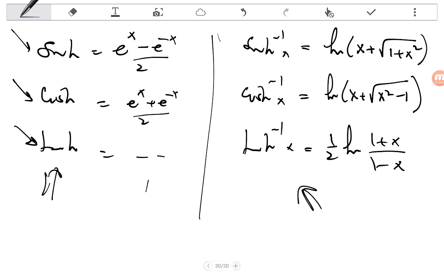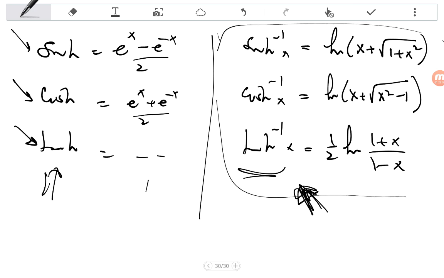You need not memorize these. If you need one of them, it will be given to you as a hint in the exam. But you need to know that there are expressions that relate the inverse hyperbolic functions with the ln. Okay, this is enough for today.